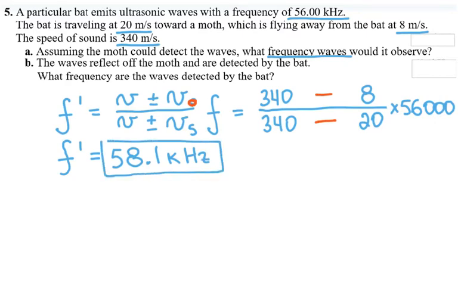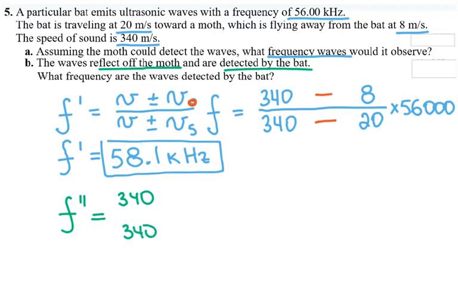The next part, they say, okay, now the waves reflect off the moth and are detected by the bat. What frequency are the waves detected by the bat? So now the source becomes the moth because it emits the waves. So the new frequency is equal to, again, the speed of sound, 340.